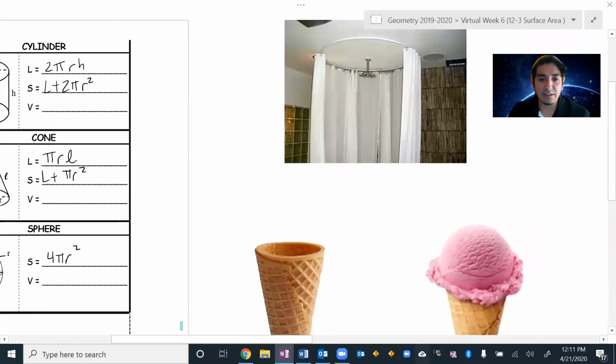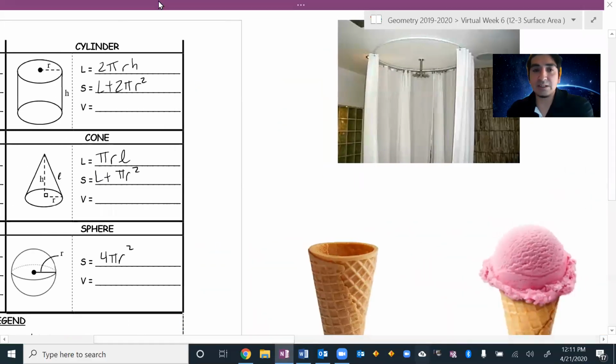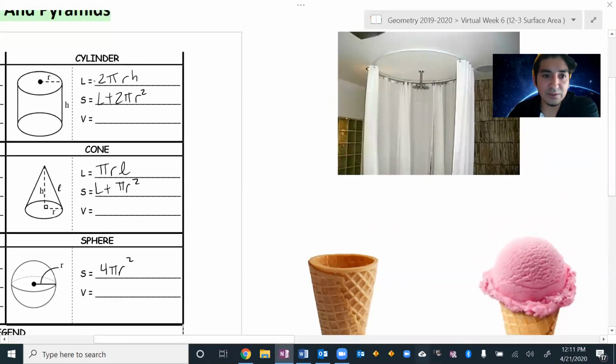Now, for the cylinder and cone, what we need to understand is that for the lateral surface area of the cylinder, we want to use a shower curtain example. Imagine you're standing here, and this happens to be a curtain. It's around, right?